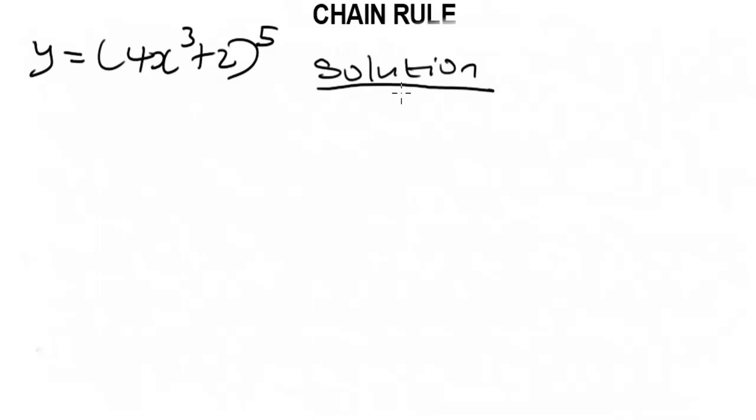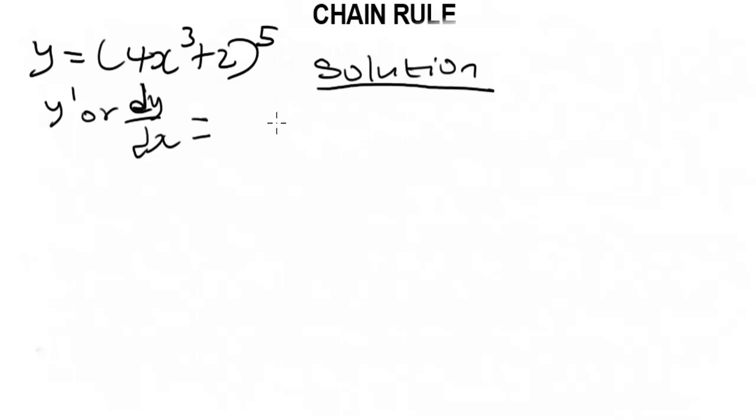Okay, so for this particular question, the y prime, another term for y prime is dy over dx, will be, now this is the idea behind it. First of all, this power, you subtract 1 from it.